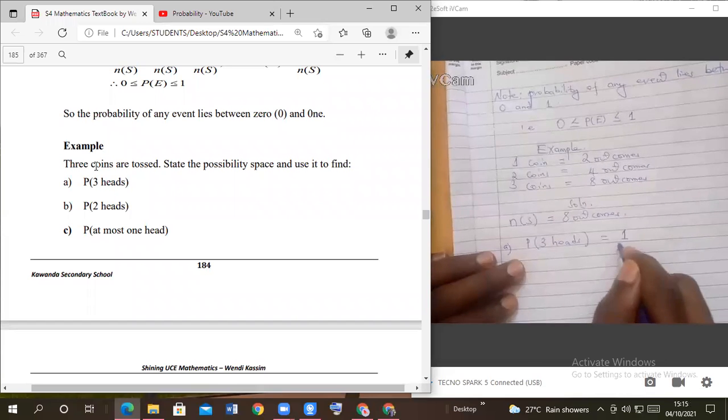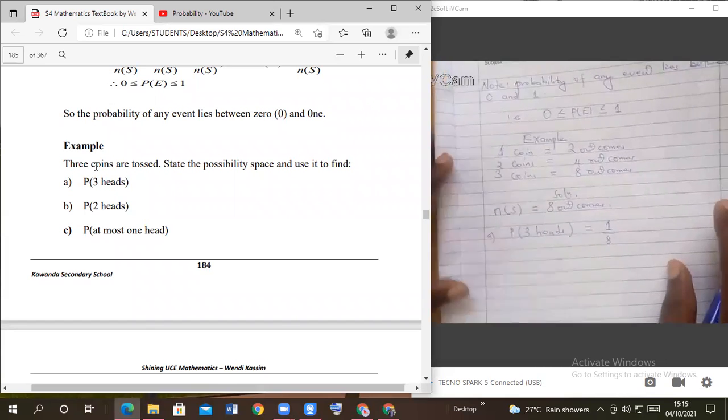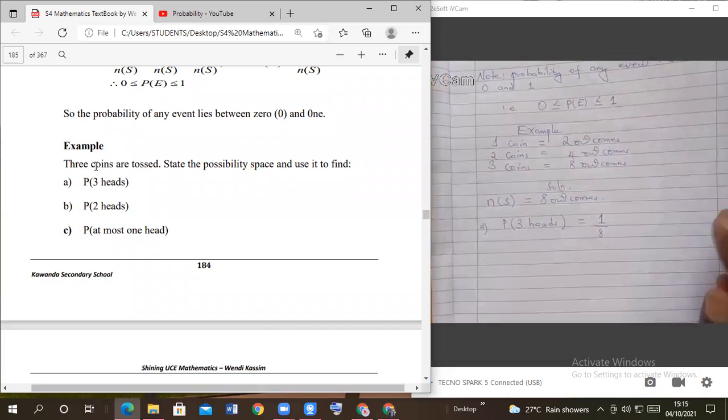Good. What does it mean? Because we are tossing them at the same time, what's the probability that in all the 3 coins only heads will appear? It's only one. Are you together, members?